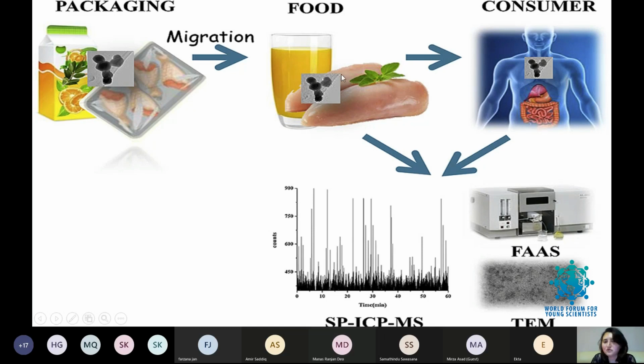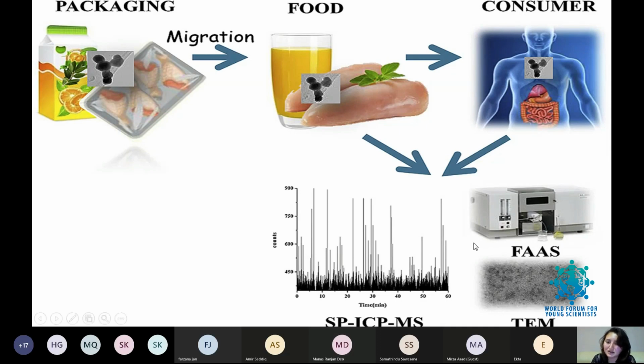From these foods, a lot of nanoparticles can get into our organism. They can be toxic or not toxic, but we must characterize these nanoparticles. But how? Using ICP-MS.